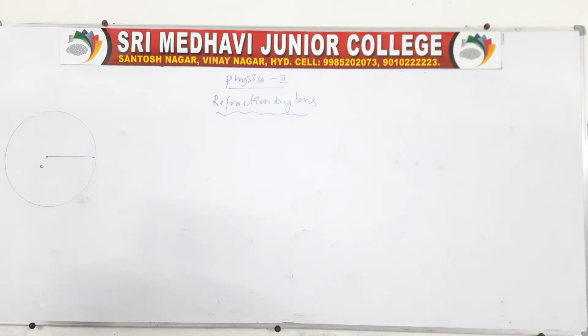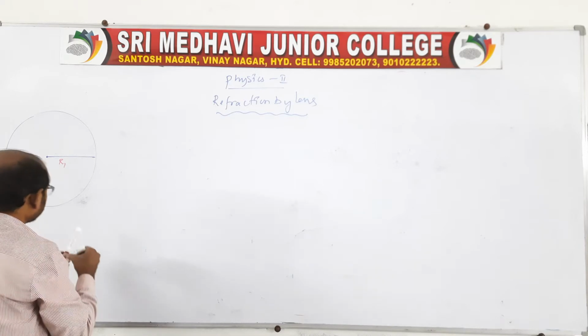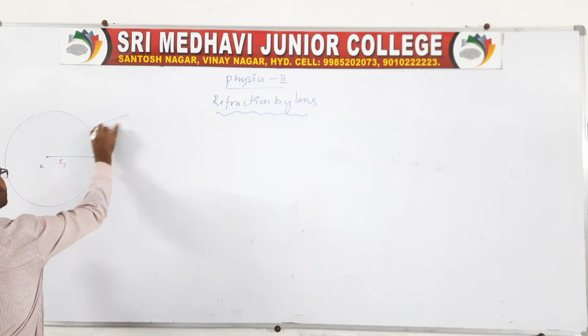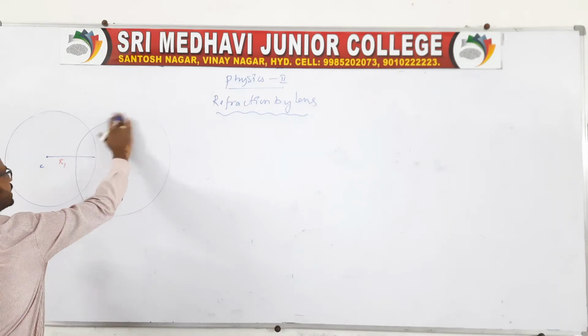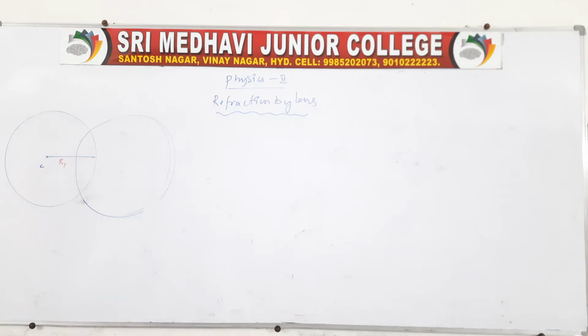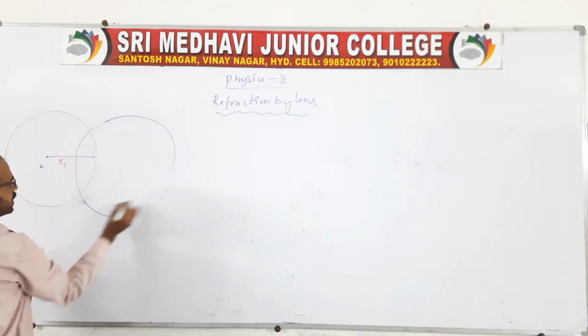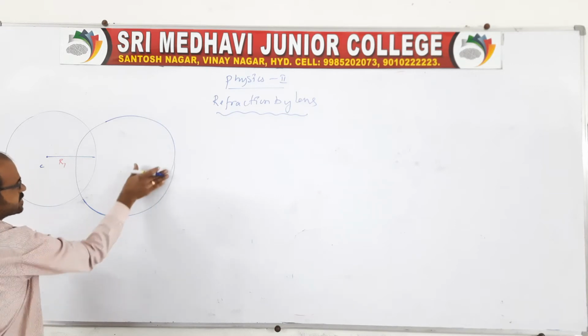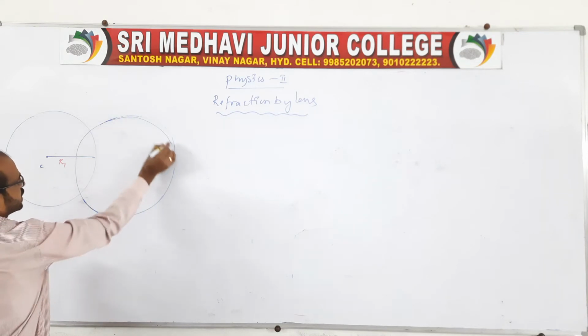Concentrate, because what I am giving now is very important. This is R1, the radius of curvature, right? Now coming to the next one. Suppose I take a second spherical surface, another glass surface in the form of a circle.